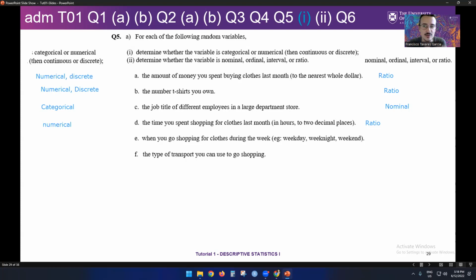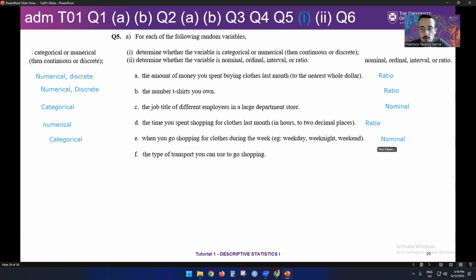So names are categorical. Is it ordinal? Let's say no, it's just nominal. Depending on how it works, sometimes you might think it's possible to rank, but no, you guys wrote nominal and you were right.